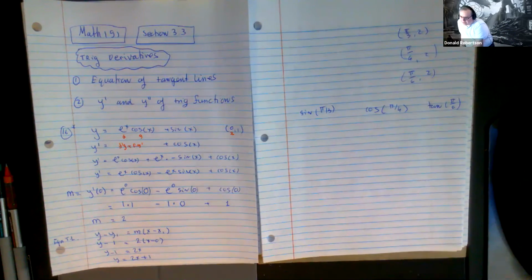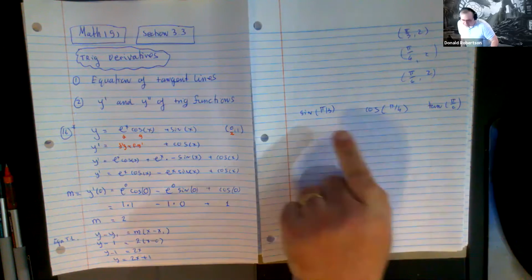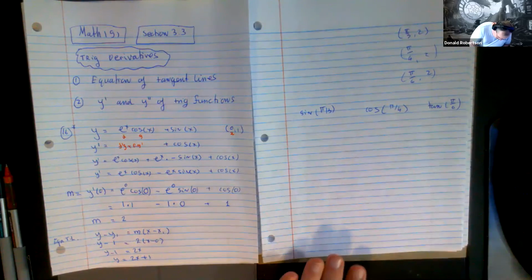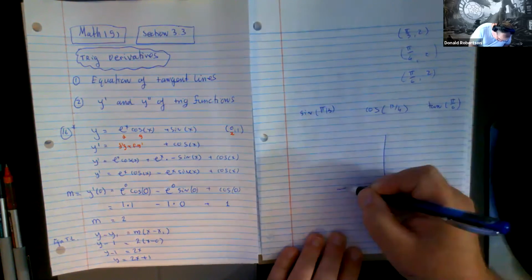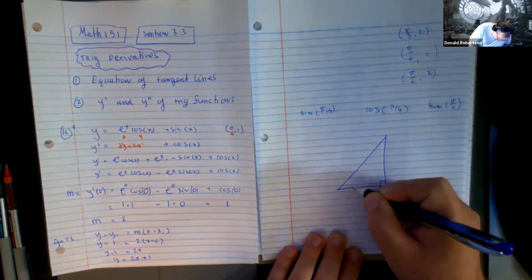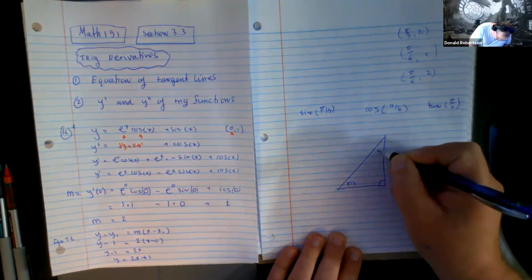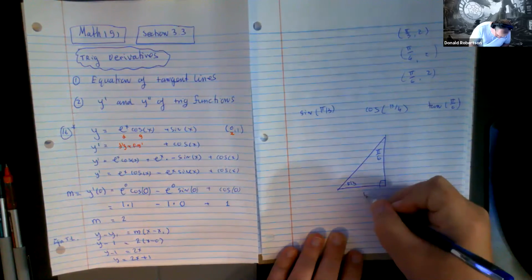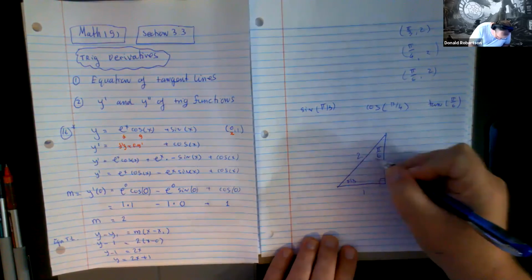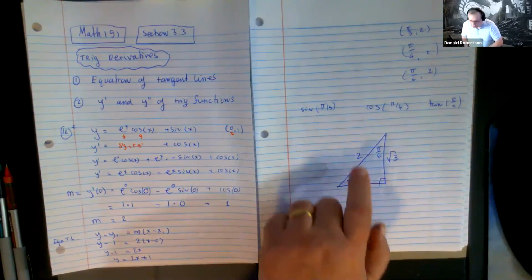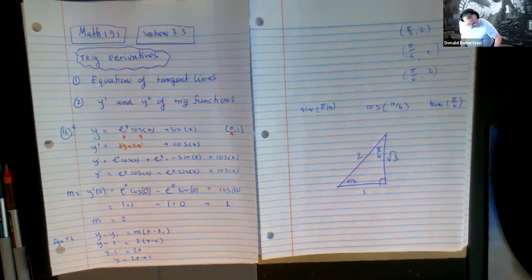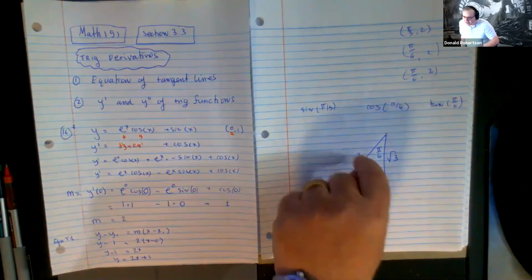In other words, you will need to bring back your knowledge from trig of the sines, cosines, and tangents of standard angles. These are called standard angles. One way to do that is to memorize this little triangle. It's the 1, 2, root 3 triangle. It's almost like 1, 2, 3. It's 1, 2, root 3.